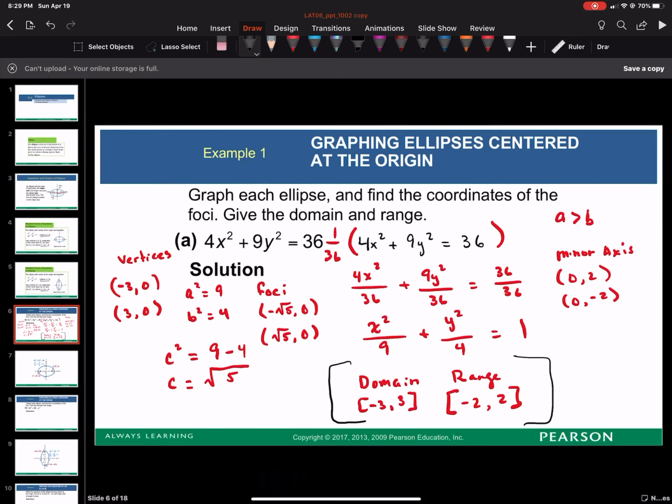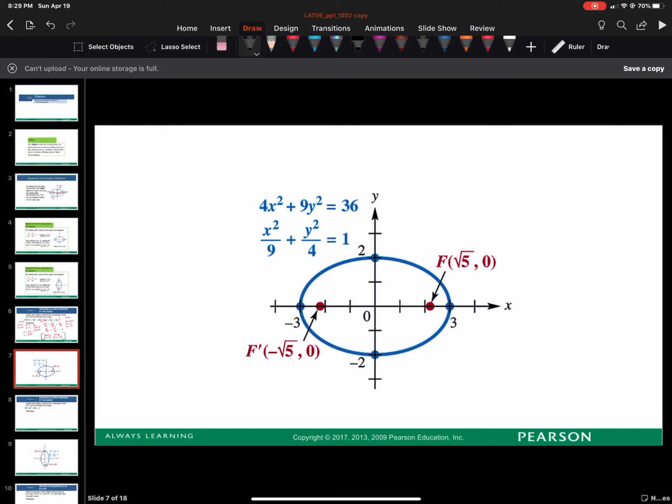All right? Now let's look at what the actual graph looks like. As we found, this point right here was 0, 2. This point here was 0, negative 2. This point was 3, 0. Then we have this point right here, negative 3, 0.